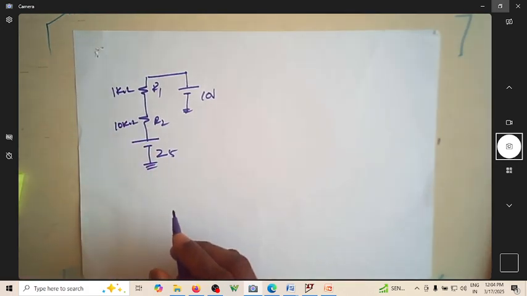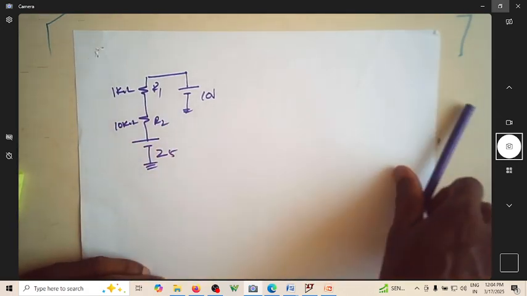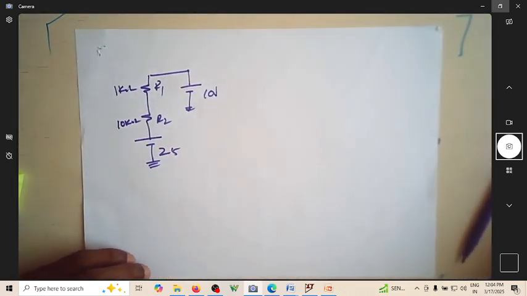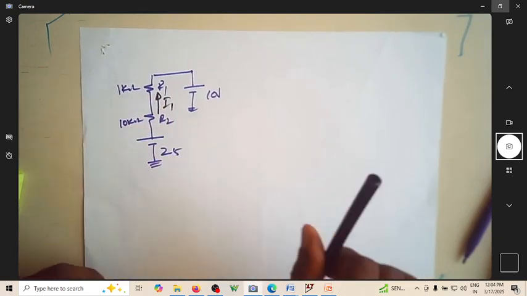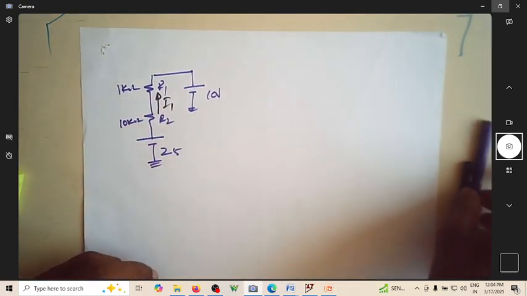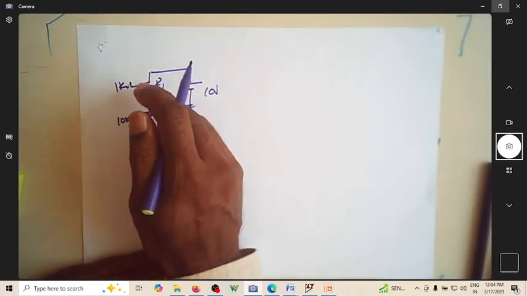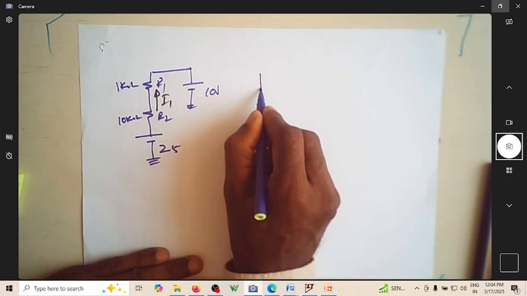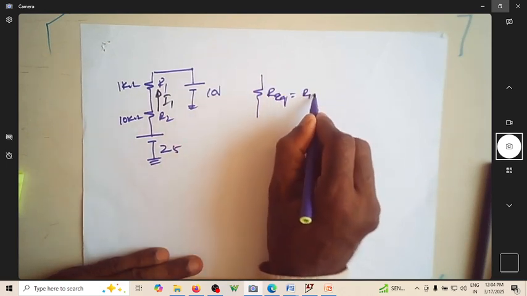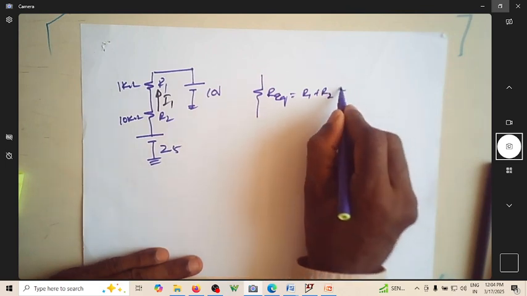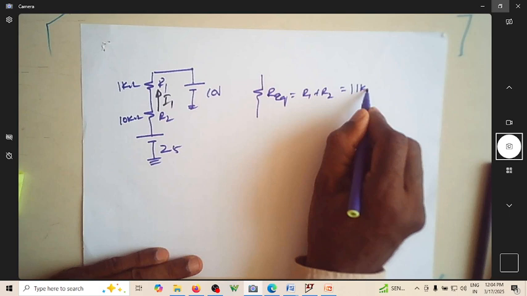We are asked to find the current. Since we have these two resistors in series, let me assume a current of I1 flowing in this direction, moving upward. Since these two are in series, I can put an equivalent resistance R equivalent, which is R1 plus R2, equal to 11 kilo ohm.